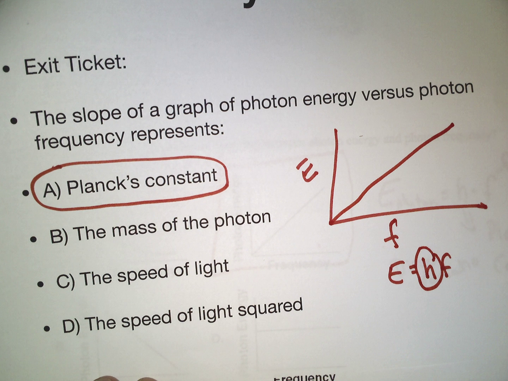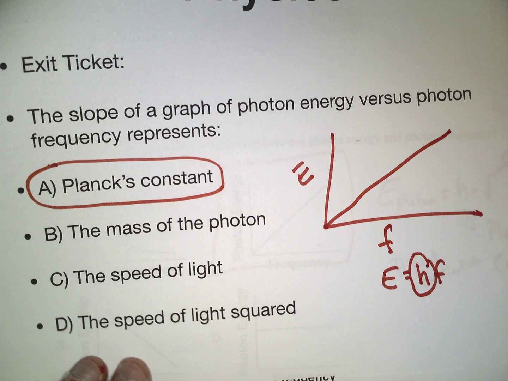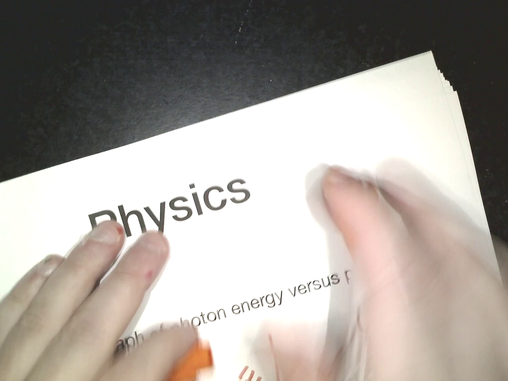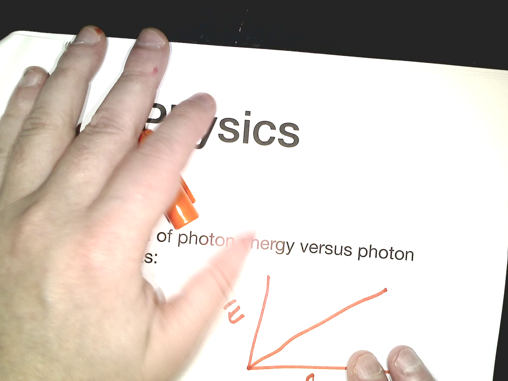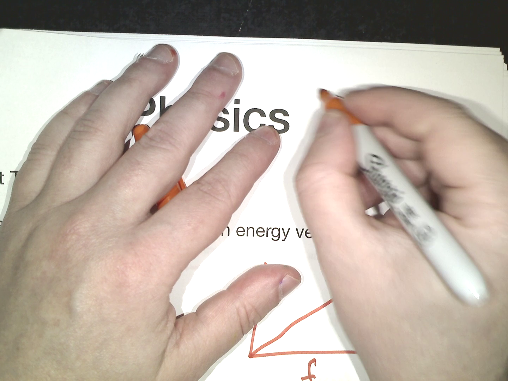Now, if you did energy versus wavelength, of course it's going to be inverse, and you would notice the slope was h times c. But here's the three things I want you to know. Big keys. Get a copy, or at least somehow have a copy up on your computer when you're doing this, of the physics reference table.